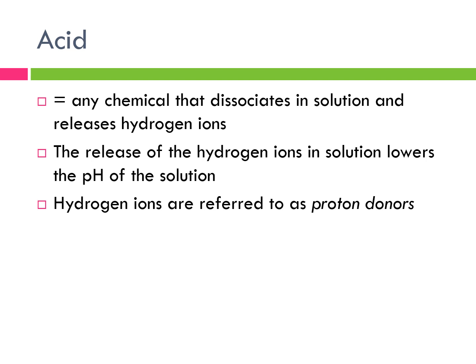An acid is any chemical that dissociates in solution and releases hydrogen ions. The release of hydrogen ions is going to lower the pH, and acids are referred to as our proton donors. So proton, remember, is one of the basic subatomic particles, and hydrogens can donate protons.